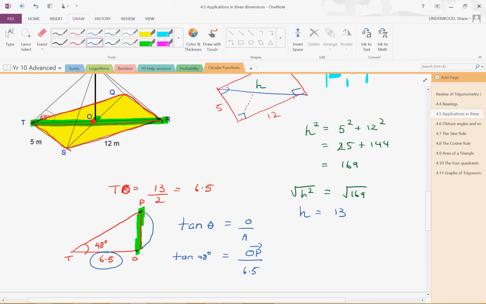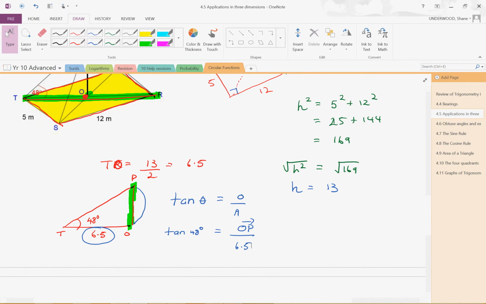If I rearrange that, OP is equal to 6.5 times tan of 48 degrees. That is approximately 7.22, and we're going to say meters, but don't forget your units.